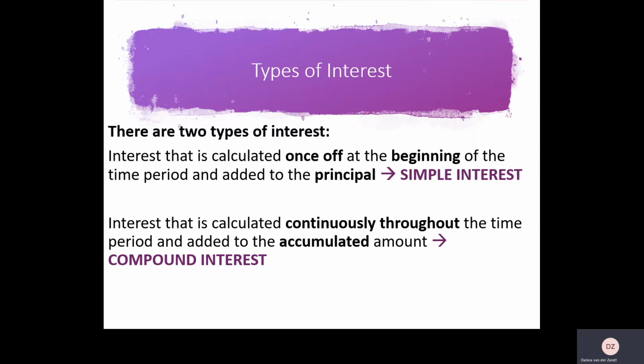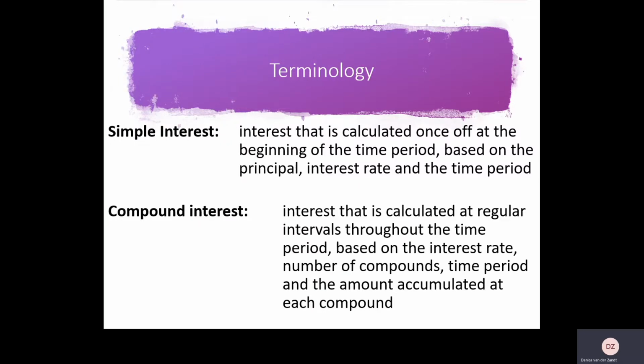And then compound interest is a constant process of calculations. Every time there's a compound, there is a calculation. There's our definitions. Simple interest is based on principal, interest rate, and time period. Compound interest is based on the interest rate, the number of compounds, the time period, and the amount accumulated at every point, not the principal.